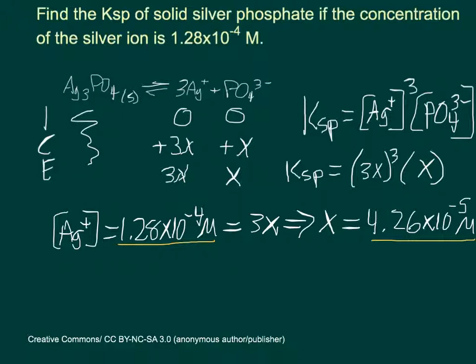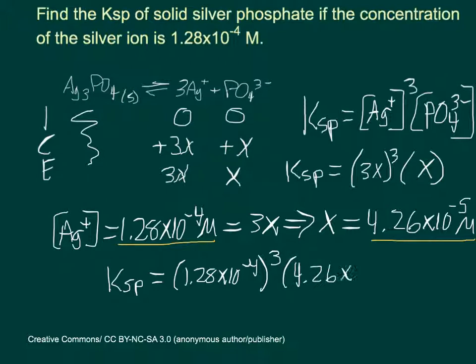Either way you do it, the Ksp, I'll write it out doing it the silver way, is going to be equal to 1.28 times 10 to the negative fourth, cubed, times 4.26 times 10 to the negative fifth. Okay, and what it comes out to be is 8.93 times 10 to the negative 17th.